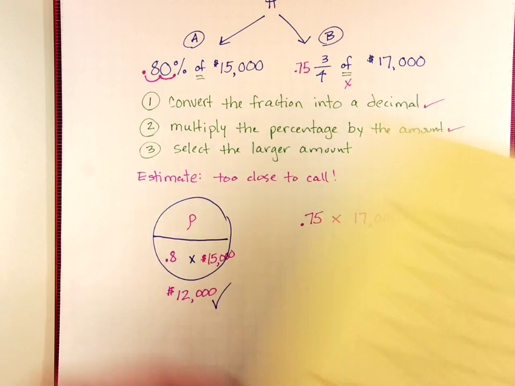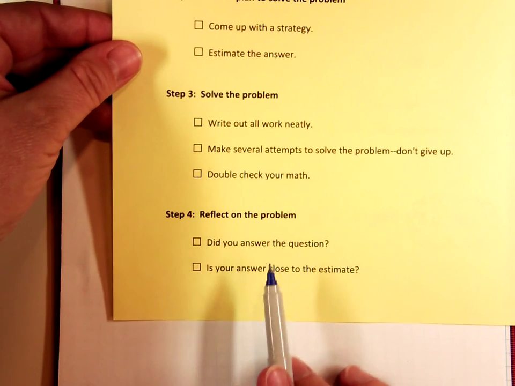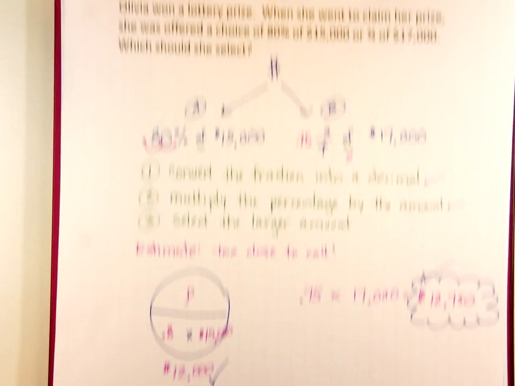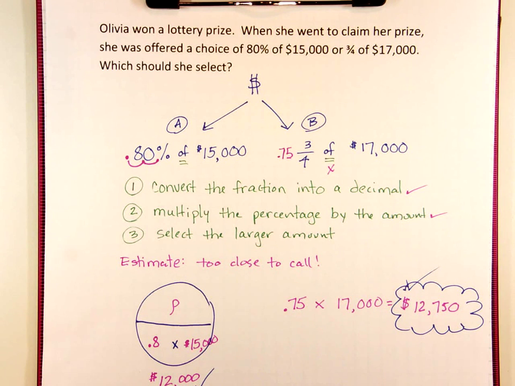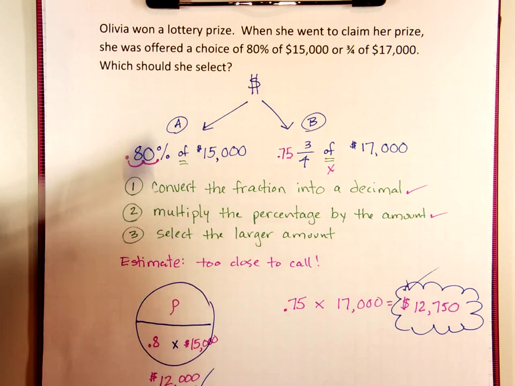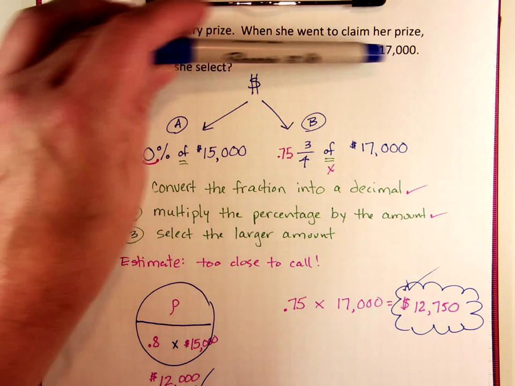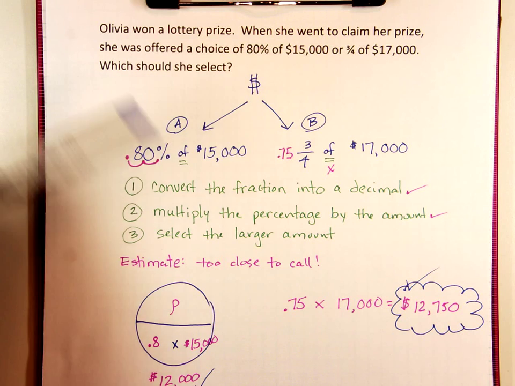Step number 4. Reflect on the problem. Did you answer the question, and was it close to the estimate? All right, back up to the question. Olivia won a lottery prize. When she went to claim her prize, she was offered a choice of 80% of 15,000 or 75% of 17,000. Which should she select?